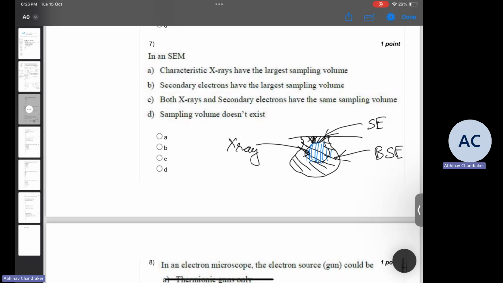Since X-rays are more penetrating and have higher energy, they are able to come out from deeper in the sample than the secondary electrons. Secondary electrons have much lesser energy, usually less than 50 electron volts. So we had studied this. The correct answer will be characteristic X-rays have the largest sampling volume, I think.